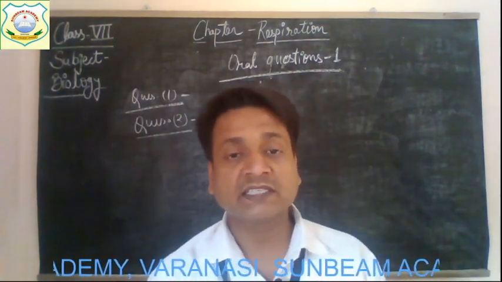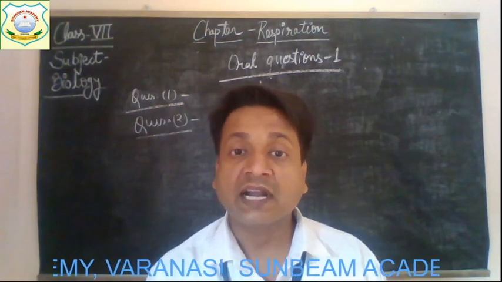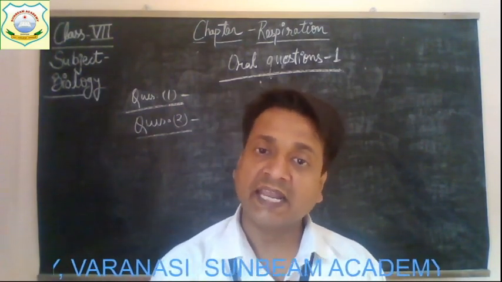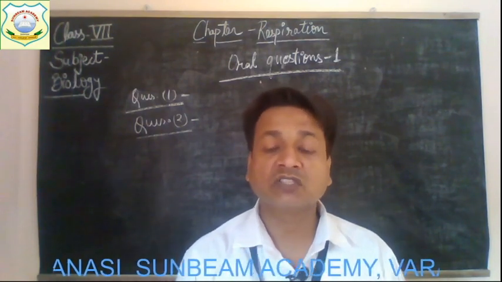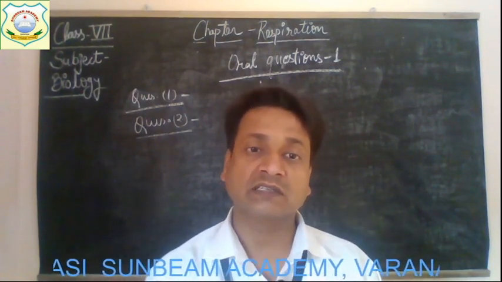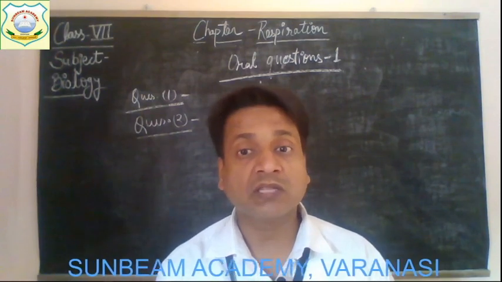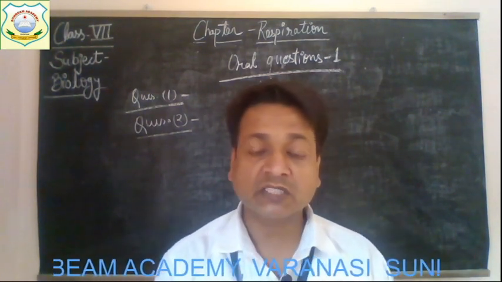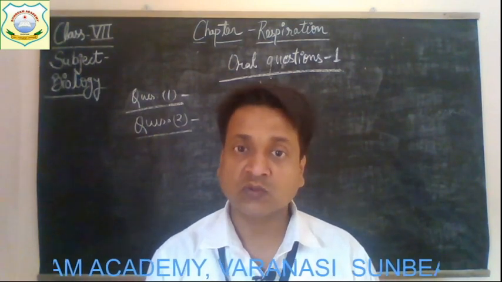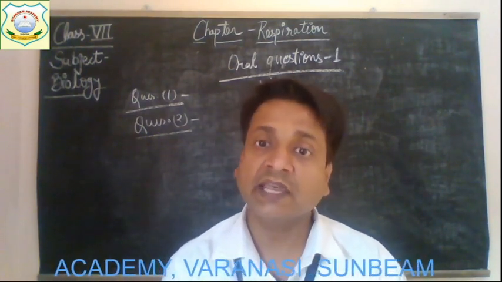Now the question number 2 is, exchange of gases for respiration occurs in both plants and animals. In which of these is the rate of exchange of gases faster? Children, please think about that and then give the answer. Exchange of gases for respiration occurs in both, as you know, in plants as well as in animals.